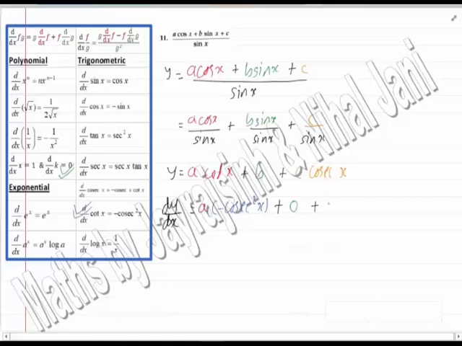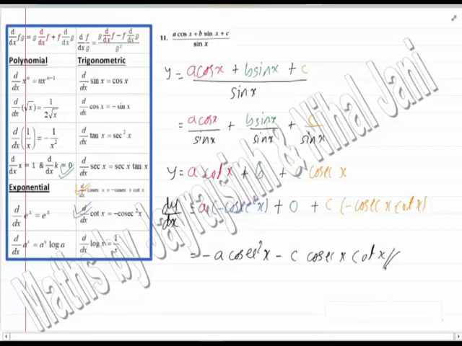And in the last term, c is the constant term, and we need the differentiation of cosec x, so we should find it from the formula list. Yes, differentiation of cosec x is minus cosec x into cot x. Ta-da! The final answer is minus a cosec square x minus c cosec x into cot x. Yippee!